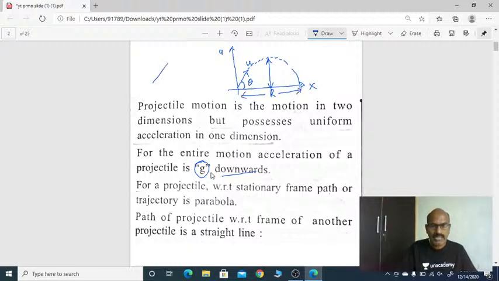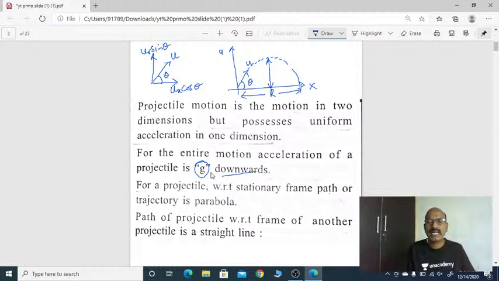This u can be resolved into 2 components, horizontal and vertical. It makes an angle theta with the horizontal, the angle of projection. The horizontal component will be u cos theta along the x-axis, the vertical component will be u sin theta.